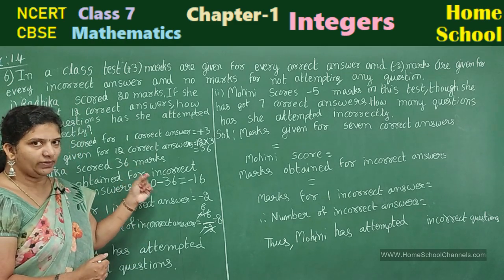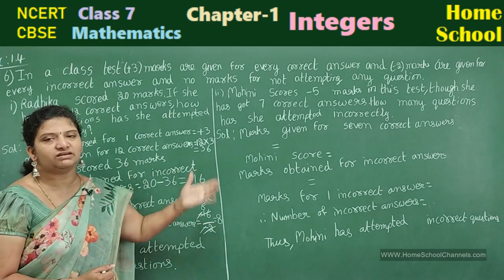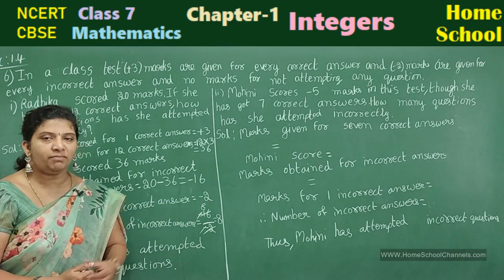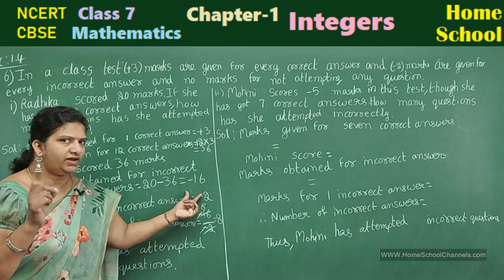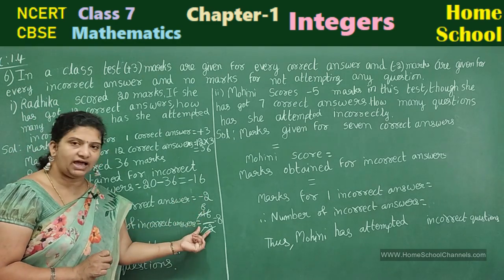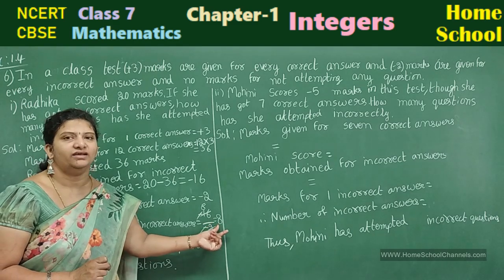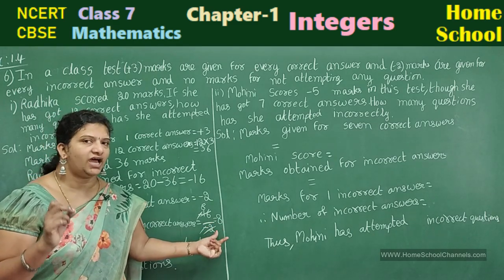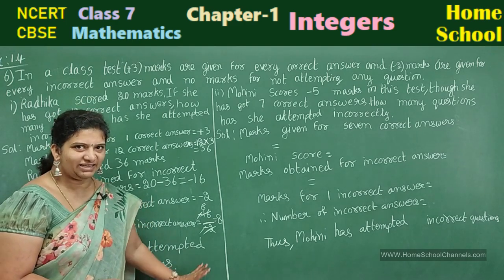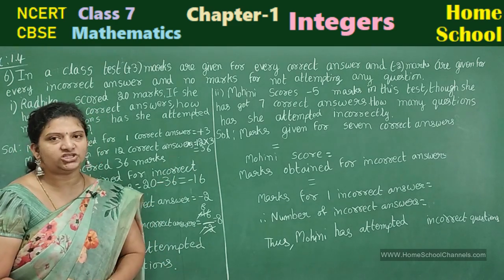So, in 20, if you minus 36, you are going to get minus 16. Okay, minus 16. For every incorrect answer, what is the score? Minus 2. You divide with that, you are going to get 8. 8 questions she has attempted incorrectly. Right? Is this clear? So let's move to the next question.